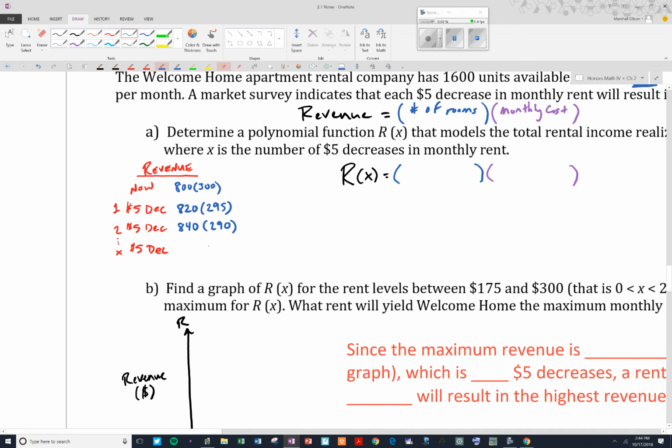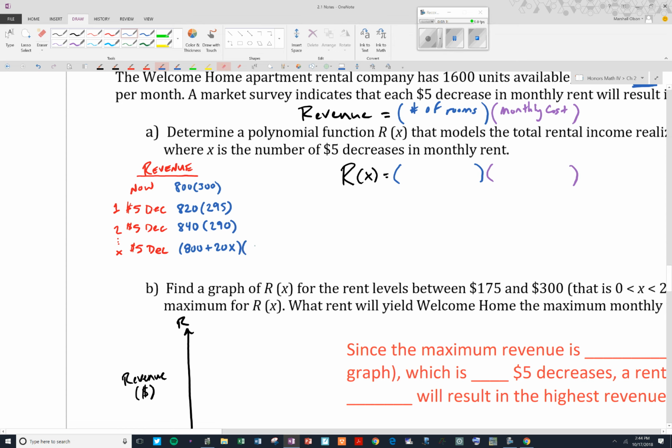So I just did this so that we could easily figure out what sort of expression is going to help us here. If you notice, for every $5 decrease, we go up 20 rooms, which means from that 800, we can add 20 every time we do a $5 decrease. Well, we don't know how many we're going to do, so let's do x.